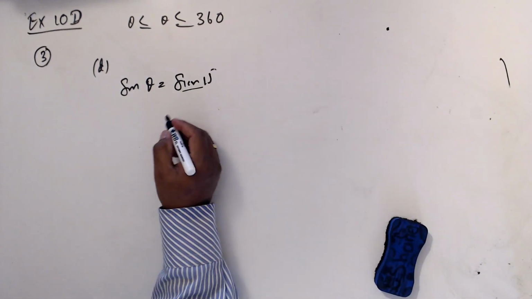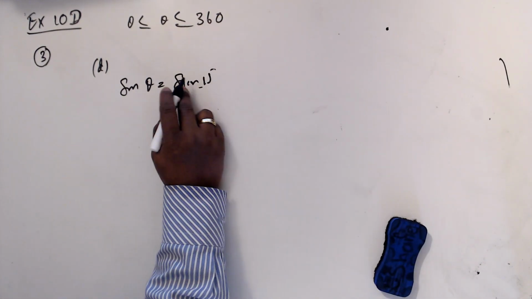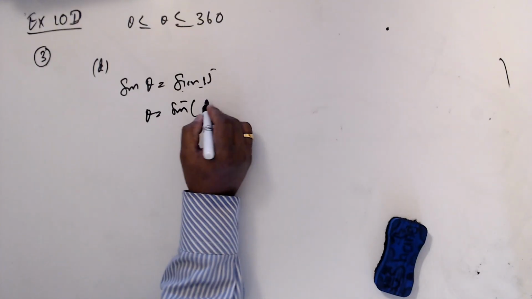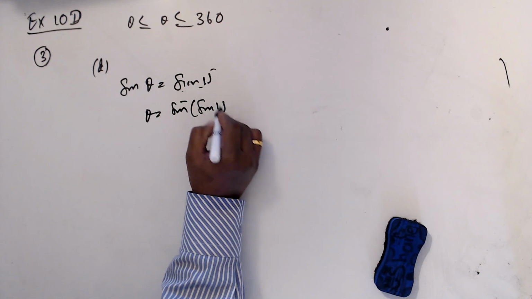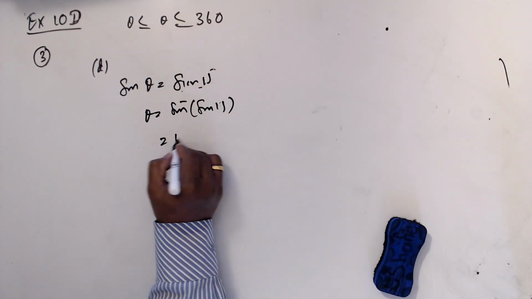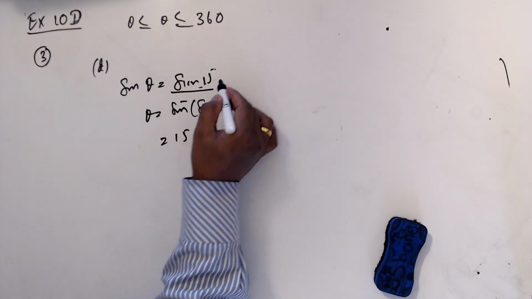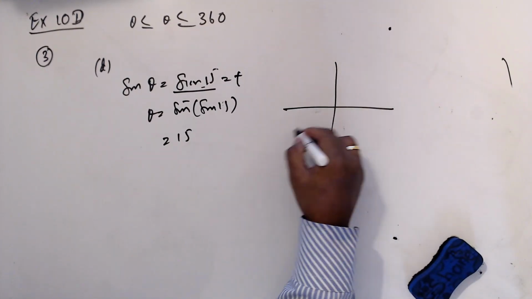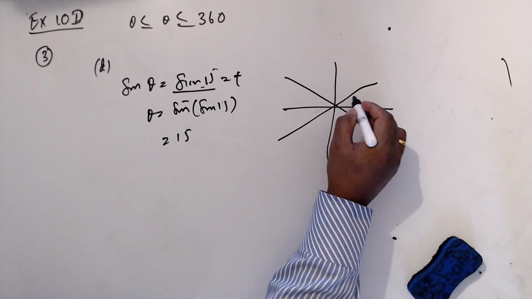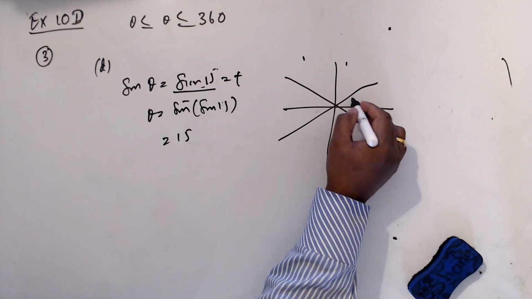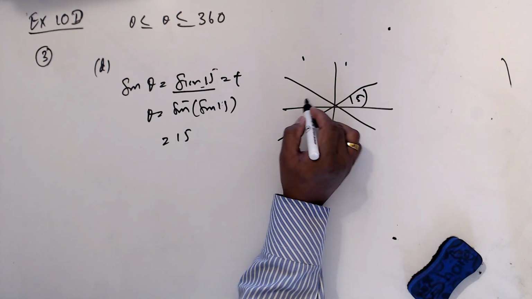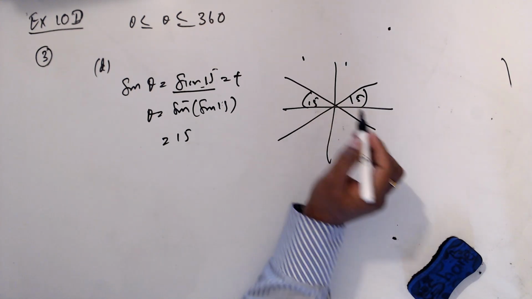I'll discuss this sum again. Sin theta equals sin 15. So theta equals sin inverse sin 15, which is 15. When you look at sin 15, this value is positive. It means sin positive is in the first quadrant and the second quadrant. So this is 15 and this is 15.